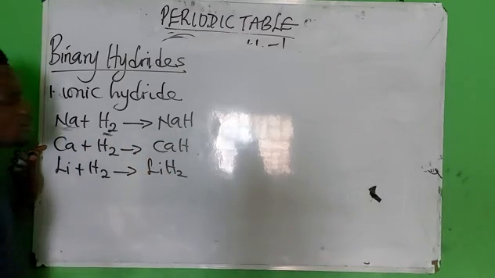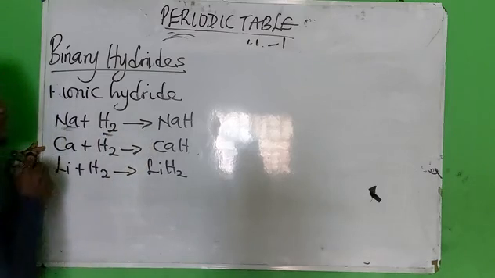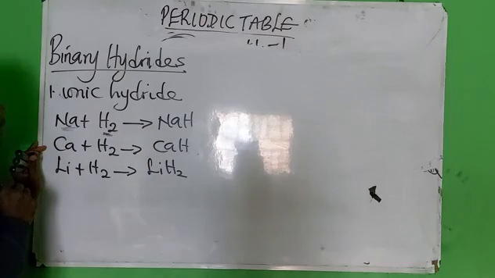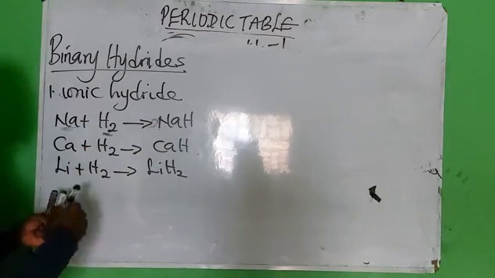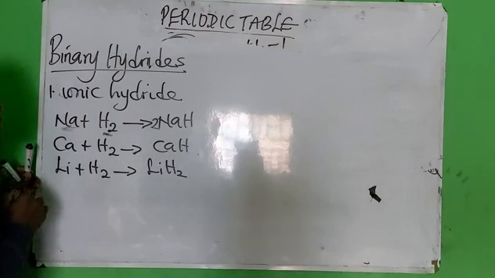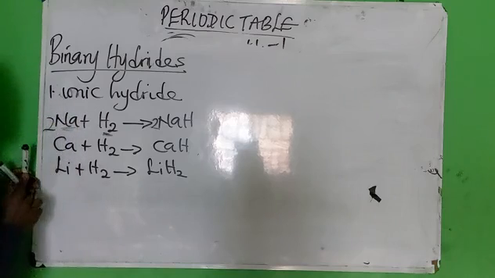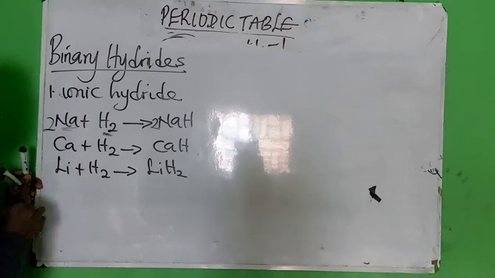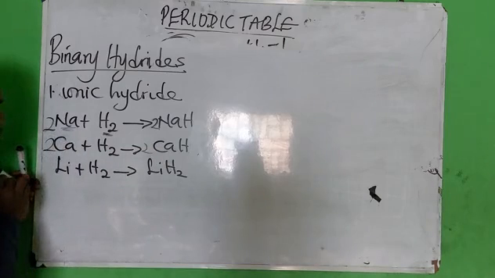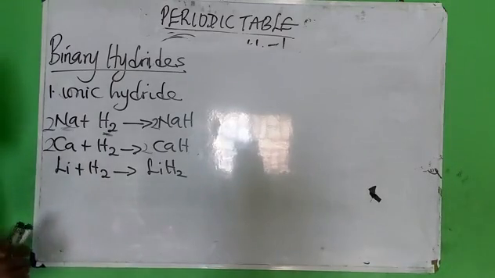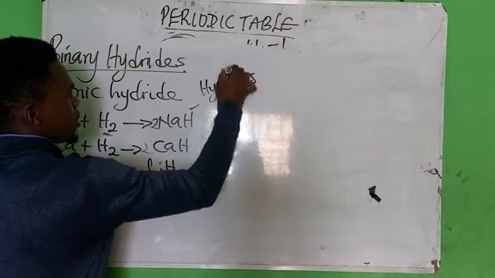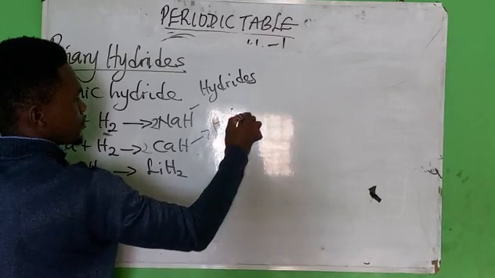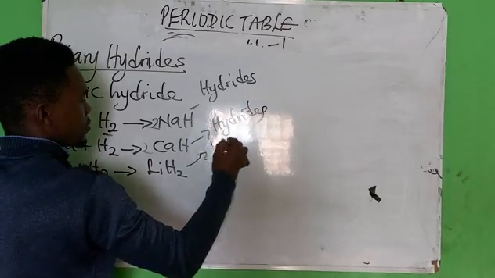Now I think I'll balance the reaction. I'll put 2 here, 2 at the back of sodium, 2 at the back of this place, and 2 here. Is this balanced? Now, all these compounds are hydrides. These ones are hydrides.